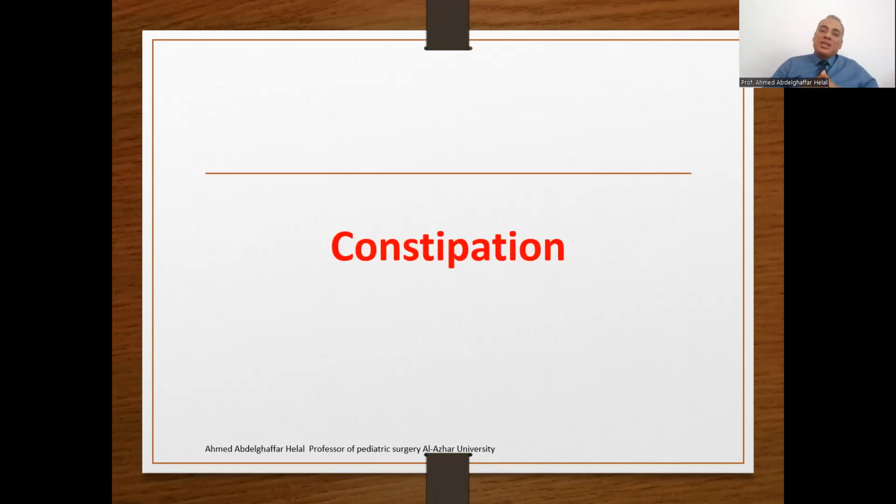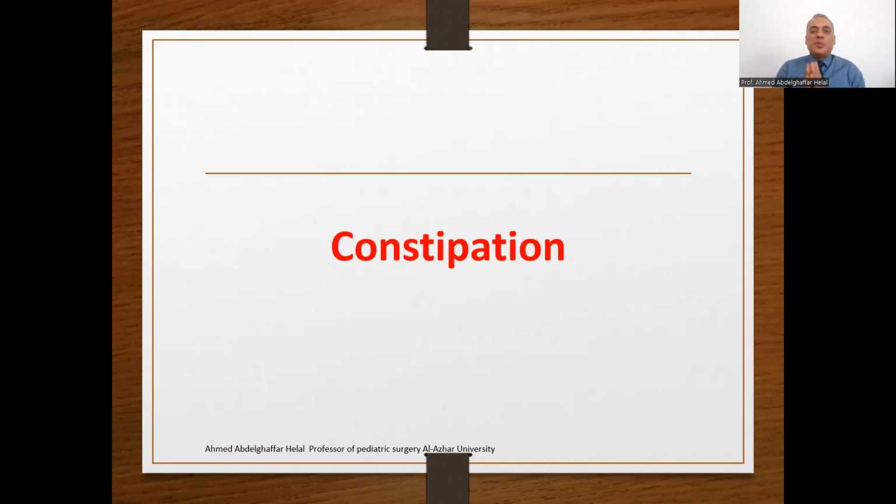Now we will shift to the second part of the presentation, which is about constipation. The first part was fecal incontinence. We spoke about the elements for the control or continence. Then we spoke about true fecal incontinence, which means there is a lack of the essential elements for continence: sphincters, muscles, nerve supply.